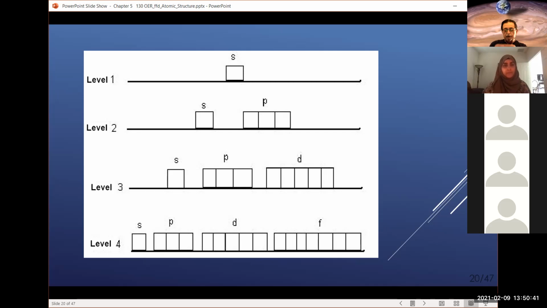Your very first level, level 1, is simply an orbital. I can only put 2 electrons total in there. If I put 1 electron, that represents hydrogen. If I put 2 electrons, that represents helium going across the periodic table.